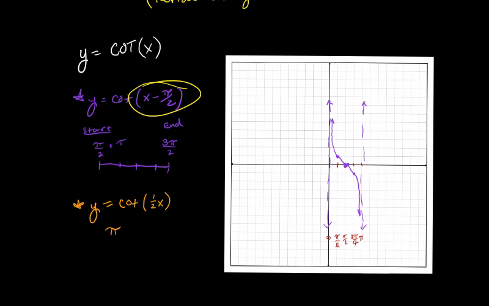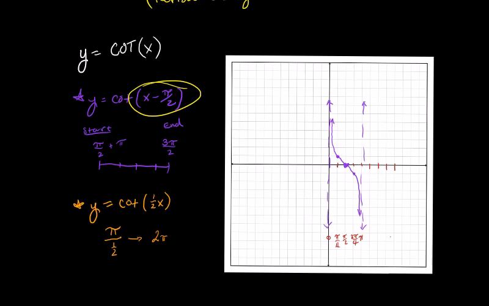Like you did with sine and cosine, where you did 2 pi divided by b, in this case we're going to do pi divided by b. So we'll do pi divided by 1/2, and then multiply by the reciprocal, so the new period would be 2 pi. Meaning that if we look at the graph, you have 0 to pi there, well, that would be 5 pi fourths, 3 pi halves, 7 pi fourths, and then 2 pi.